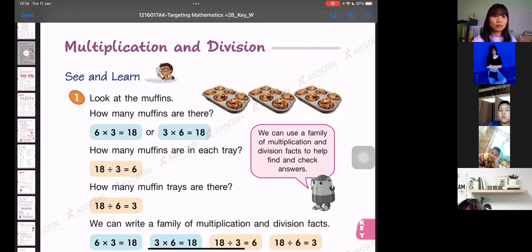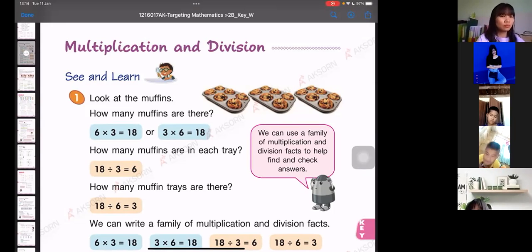Okay, it is also the same if you just change 6 times 3, it is also the same with 3 times 6. 3 times 6 is how many? 18.